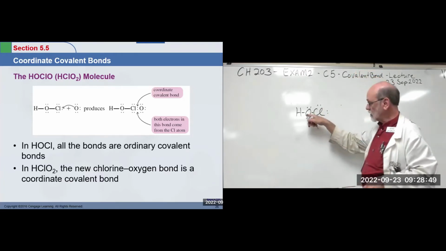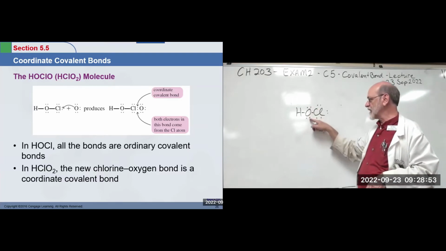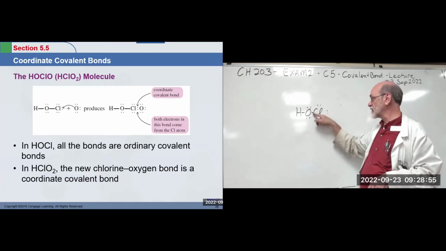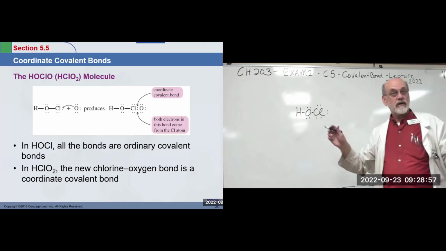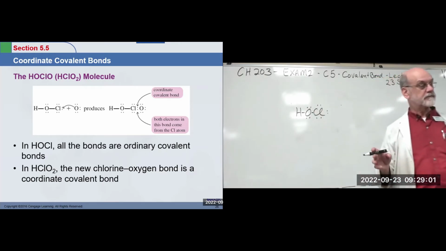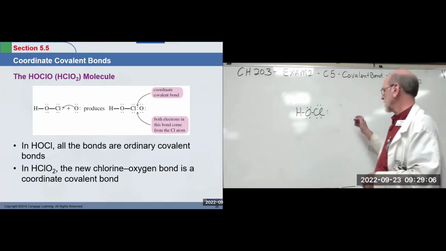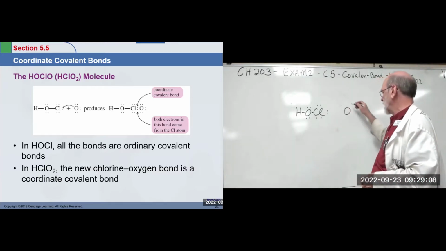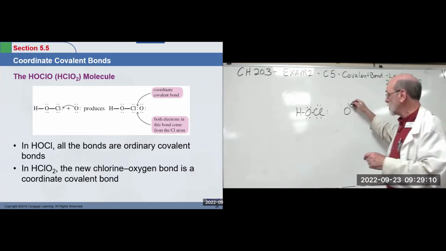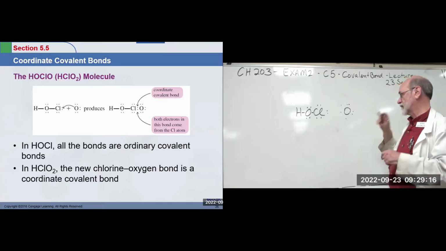There. So that one has its duet. That's 2, 4, 6, 8 for oxygen, 2, 4, 6, 8 for chlorine. So that molecule is perfectly happy the way it is. All the octets are satisfied. But if you bring in a reactive oxygen, and normally we would draw the oxygen like this: 1, 2, 3, 4, 5, 6.